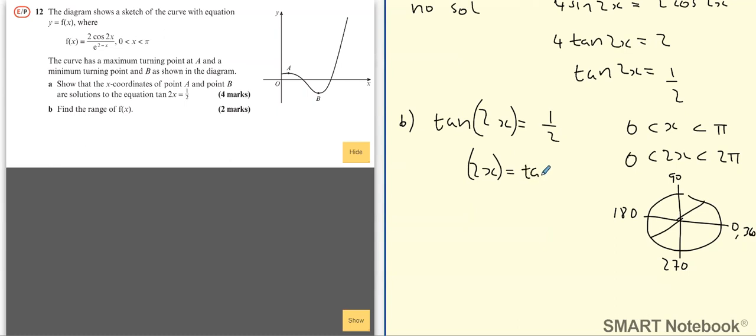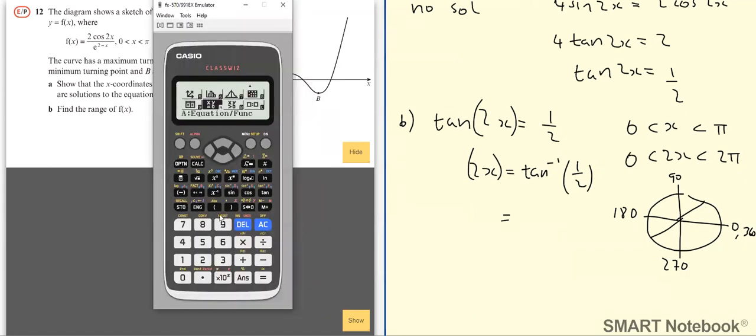2x is going to be tan inverse of a half. And what do we get there? Menu 1. This is already in radian mode. I'm going to change it to degrees, and I'm going to change it back into radians later. So inverse tan of 0.5, 26.6 essentially. So 2x is equal to 26.6.